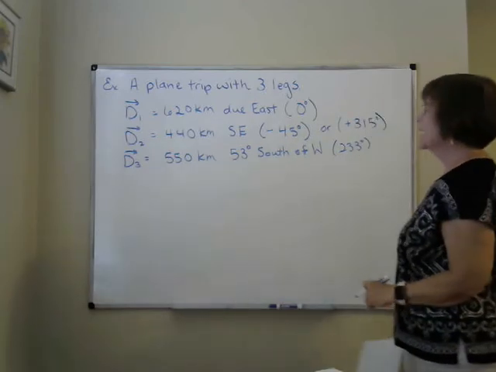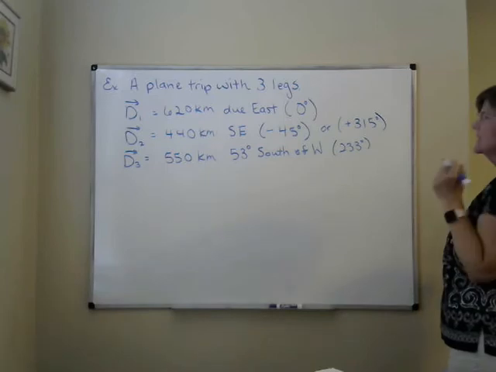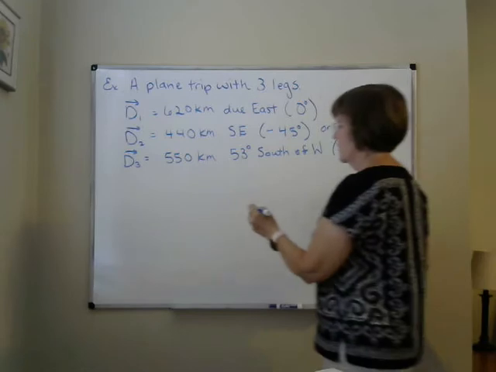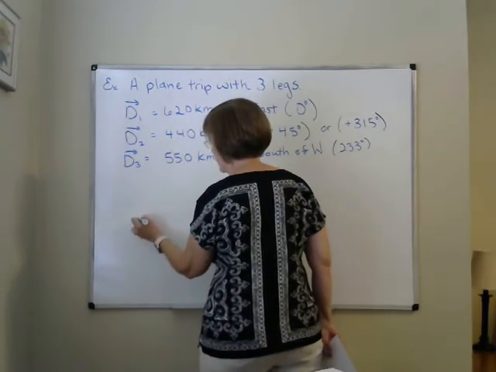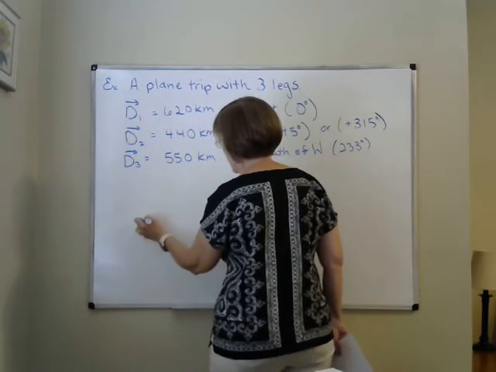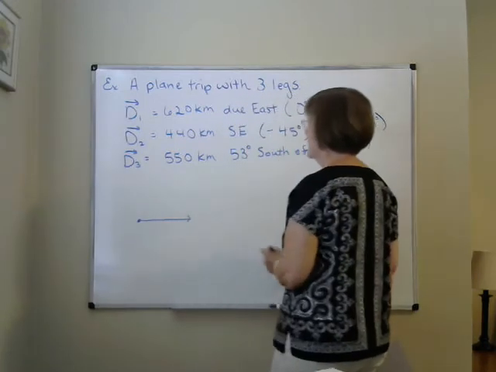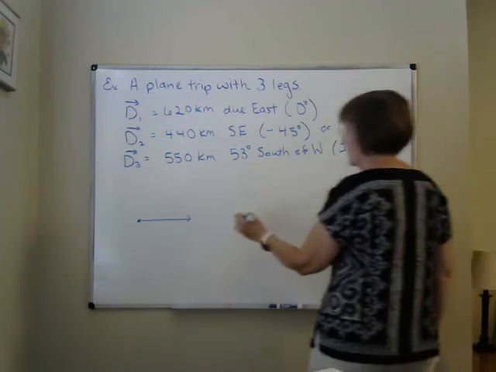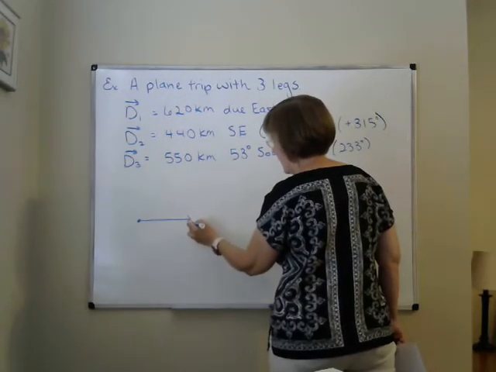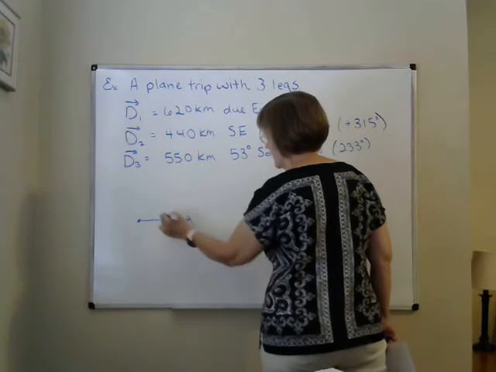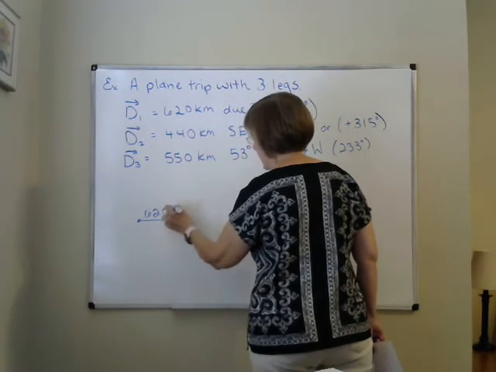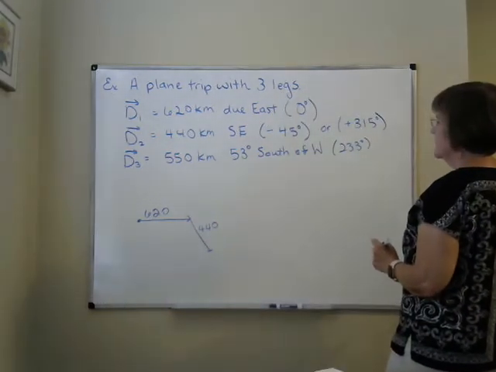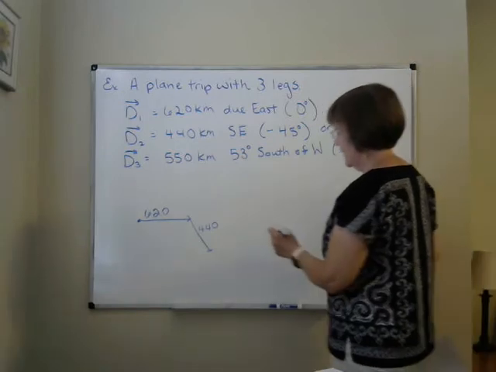All right. I like to draw a little picture just to know what I think it might look like. May not get this just right. We're going to start here, and I'm going to go due east. I'm going to let that be 620. And then I'm going to go southeast, straight down at negative 45 for 440, so not quite as long, something like this. And then finally, I'm going to go southwest 53.